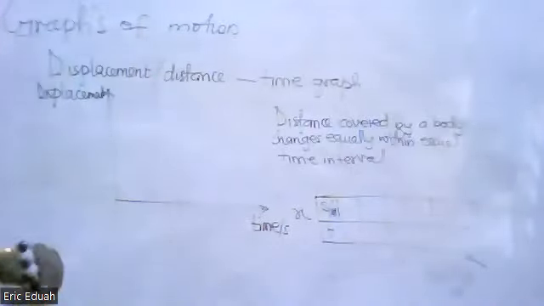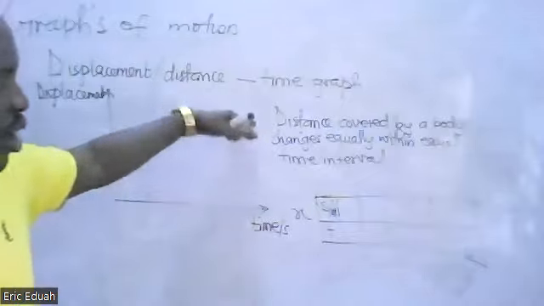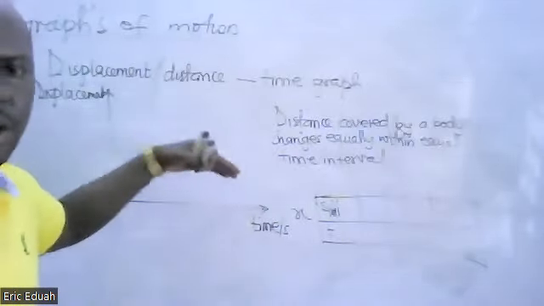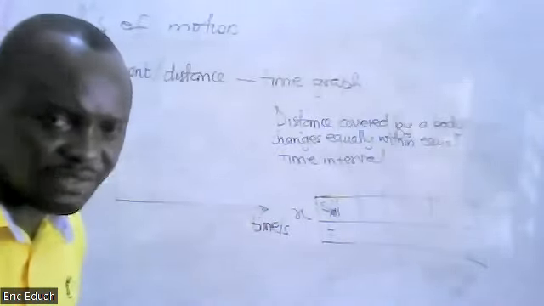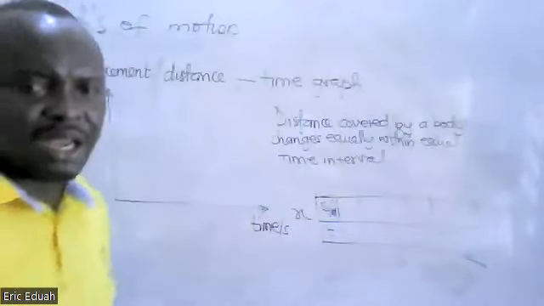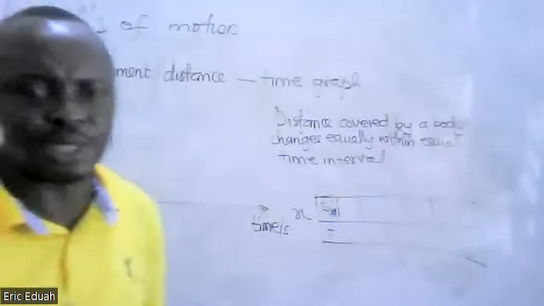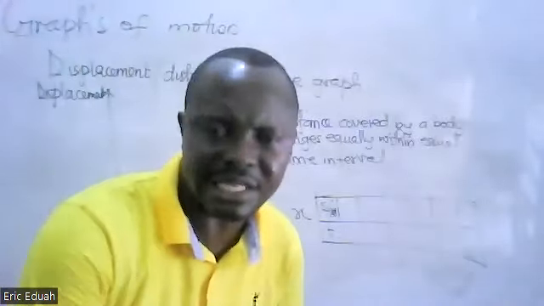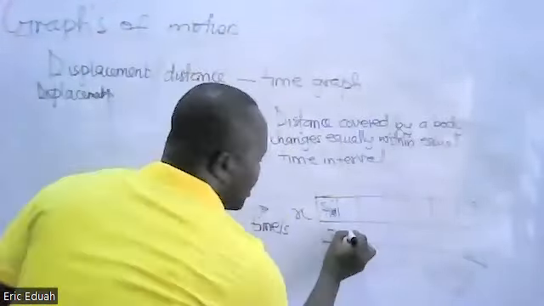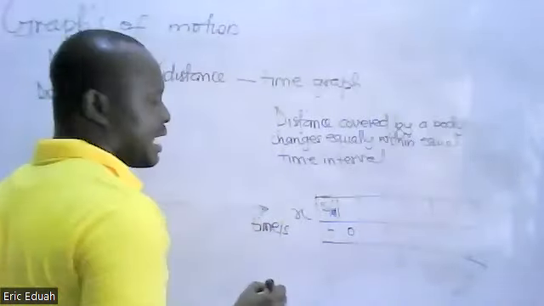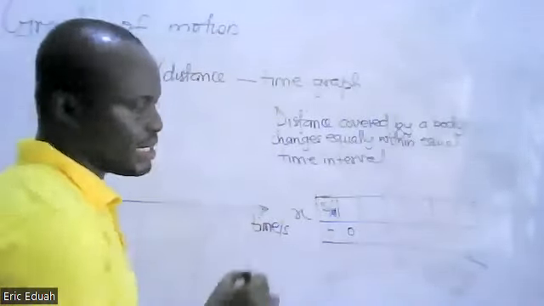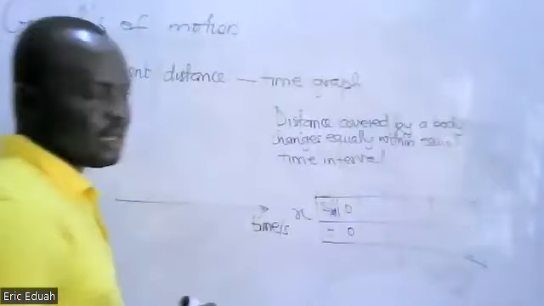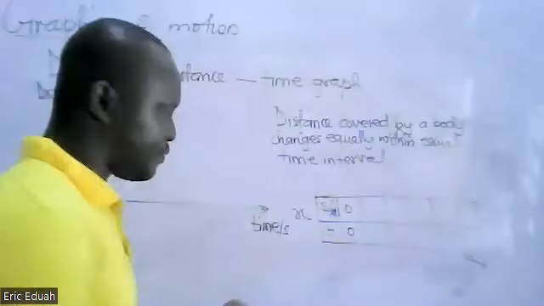We are seeing the body covering equal distances within equal time interval. So Mr. Abia covers a distance of 2 meters within each second. So at a time of 0 seconds, I haven't covered any. So the distance covered is 0.